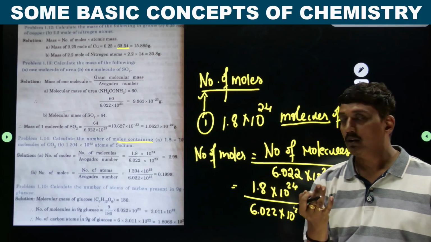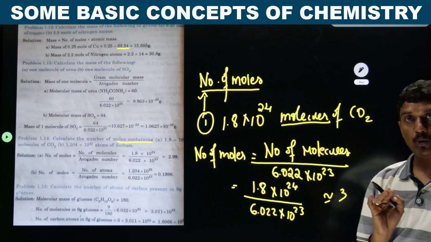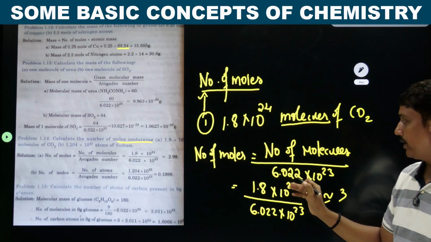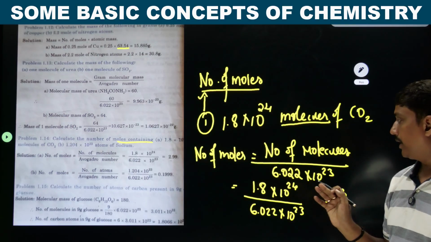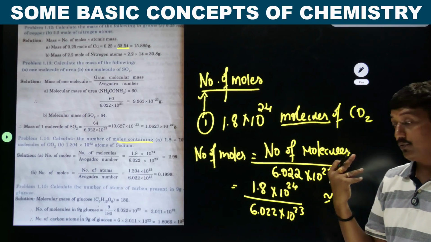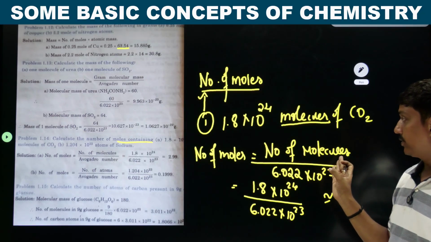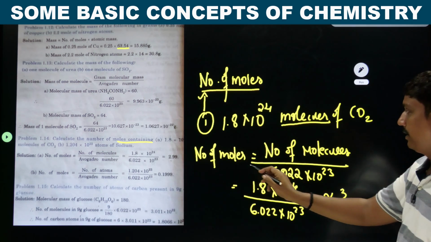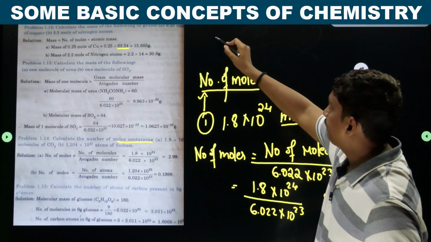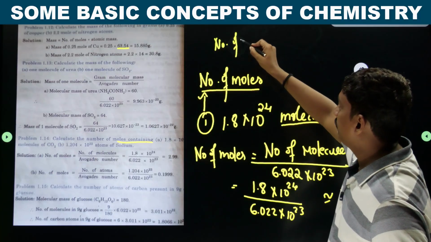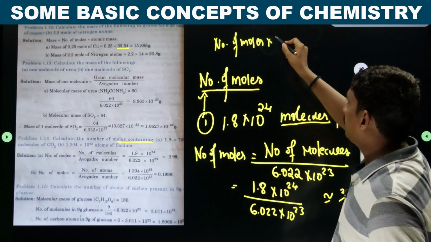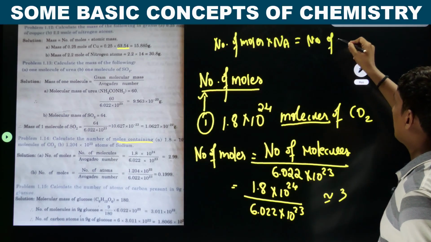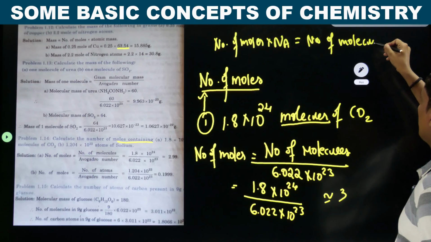How to convert the number of molecules into moles? Number of moles is equal to number of molecules divided by Avogadro number. If they ask for the number of molecules and moles are given, we can calculate by using the same formula. So number of moles into Avogadro number is equal to the number of molecules.